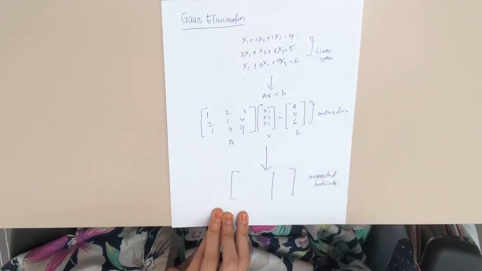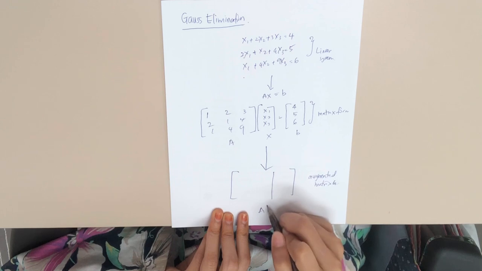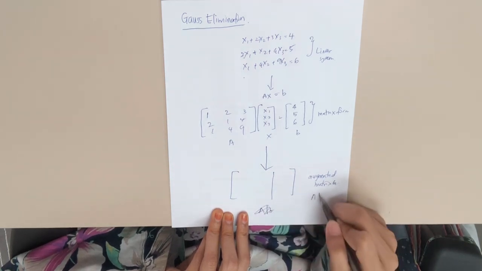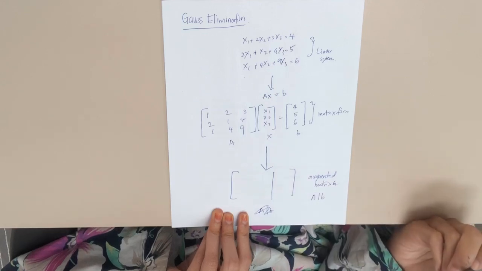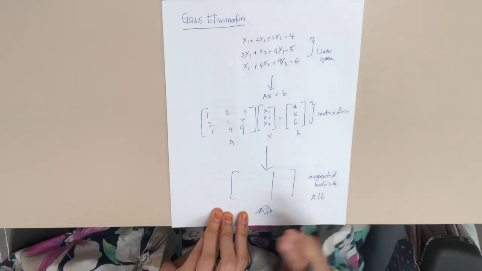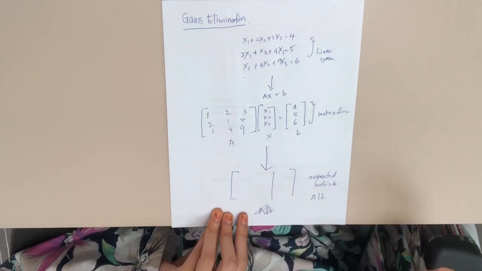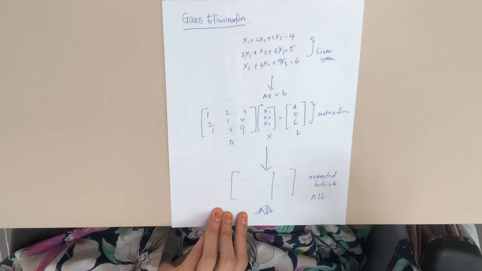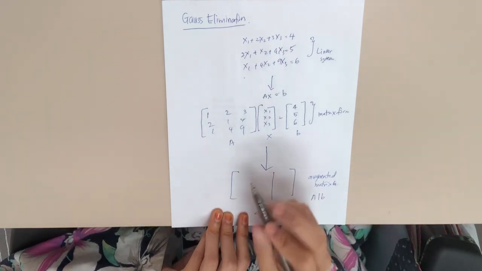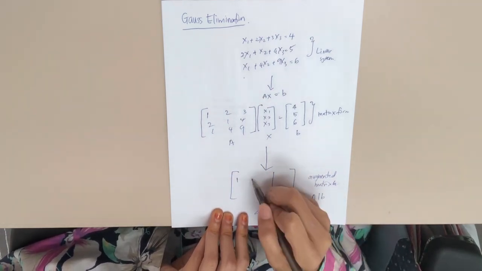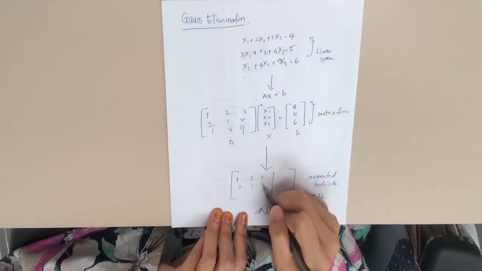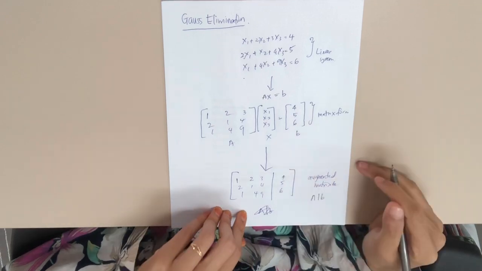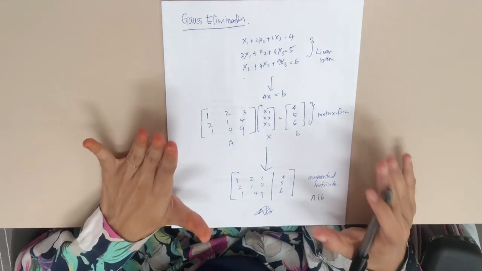An augmented matrix is in the form A, B, meaning there is no X. Here in the augmented matrix, X is not gone; we know that X is behind it. It means X is there but we don't write it. So augmented matrix means matrix A and B: 1, 2, 3, 2, 1, 4, 1, 4, 9, and matrix B here is 4, 5, 6. So this is the augmented matrix.